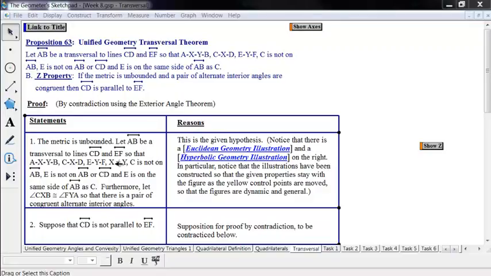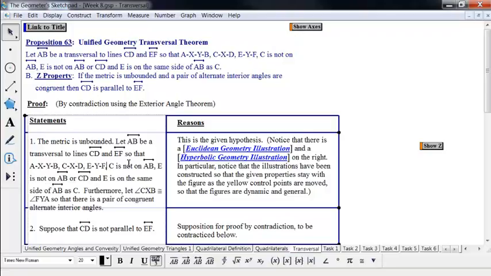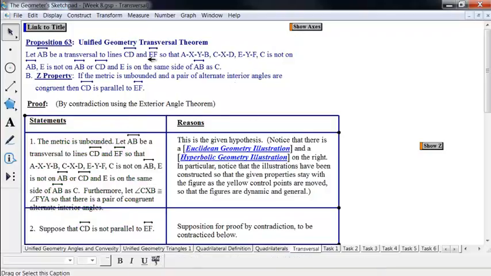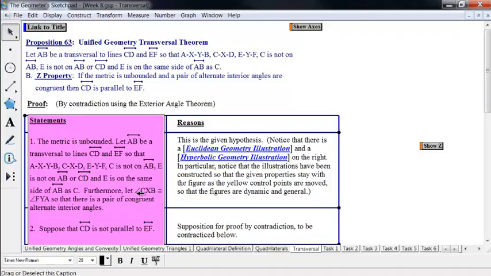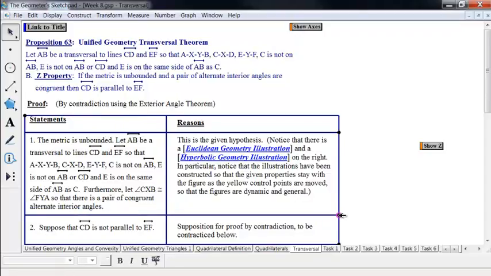Alright, now, boy, that's a mouthful to say all that. Okay, so let's take a look. Of course, that's going to be our hypothesis, along with the fact that the Z part says the metric is unbounded, and we have a pair of alternate interior angles that are congruent.